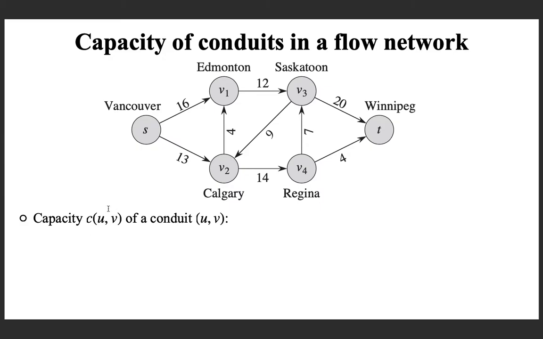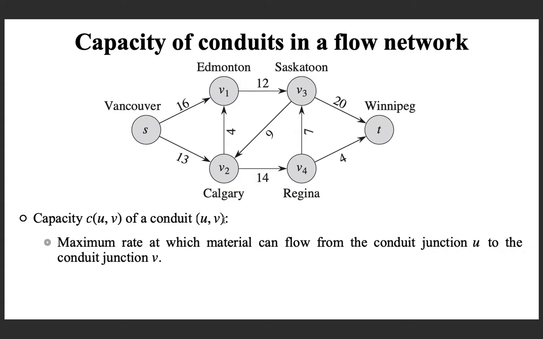The capacity c(u,v) of a conduit uv, that is for a road, what is its capacity, is the maximum rate at which material can flow from one end of the conduit to the other end, or from one junction to the other. What is the maximum rate at which you can transport some materials? So maximum 14 units, that is the capacity of this route or this conduit.